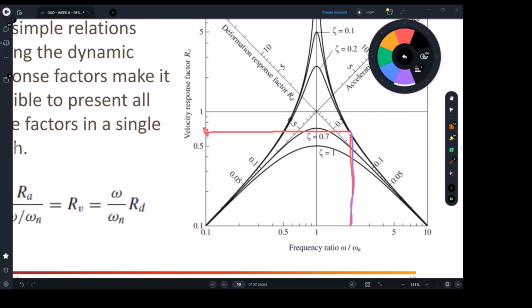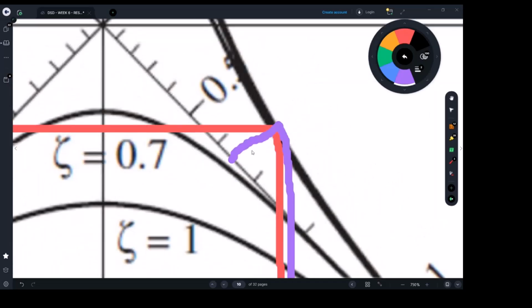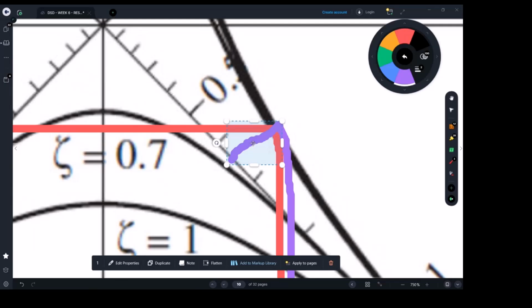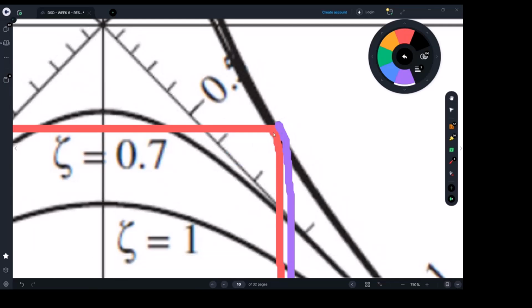By the time you hit the same point, you have to go vertically. Maybe I did not mention that to you. By the time you hit the curve, you have to go vertically, at 90 degrees to the axis.